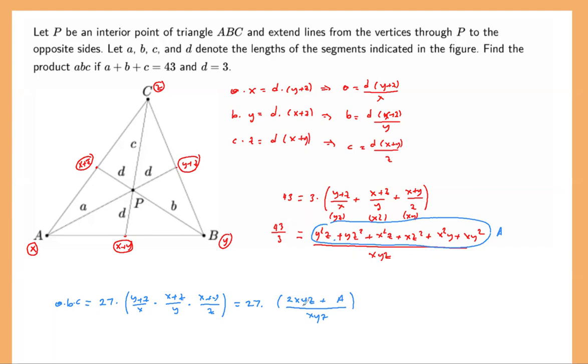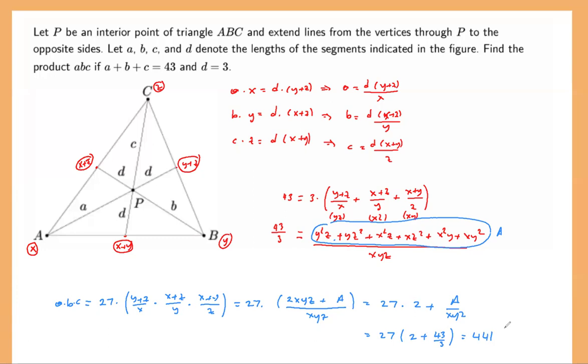Also, if I expand this, 2xyz divided by xyz will be just 2. So this is going to be equal to 27 times (2 plus A over xyz), and A over xyz is this fraction. If I plug that in, we get 27 times (2 plus 43 over 3), and if you multiply this, you will get 441.